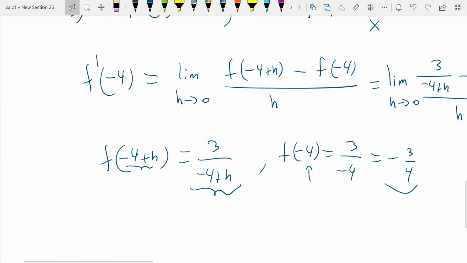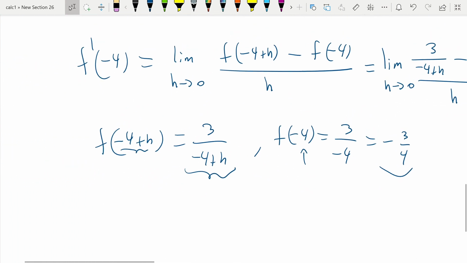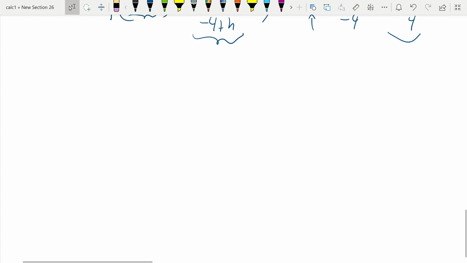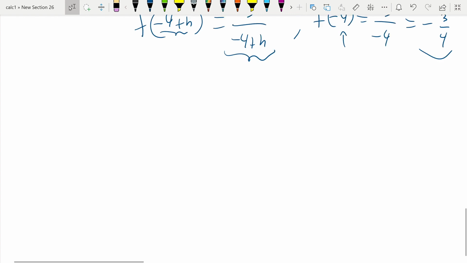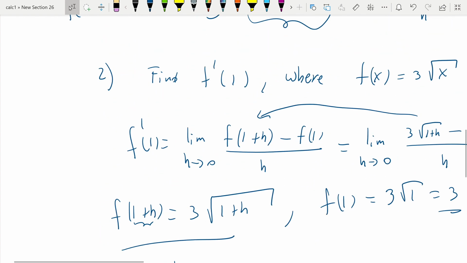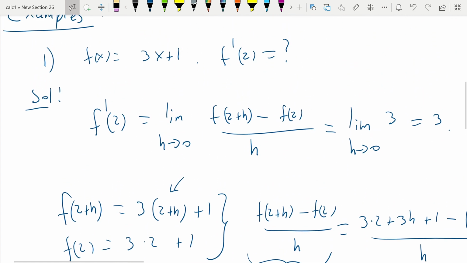And so that's another kind of problem that we may be asked to solve. I mean, they're all the same kind of so far. So the point is that you may be asked to compute the derivative by hand.